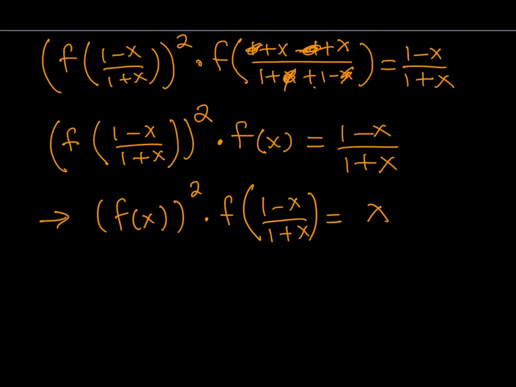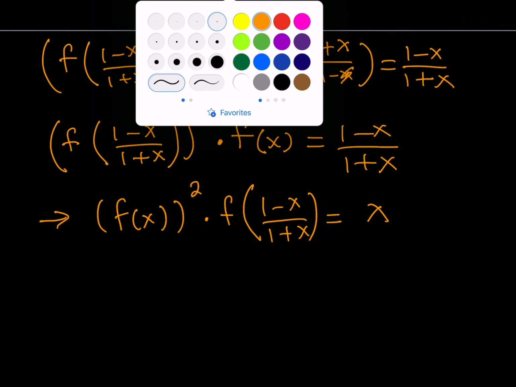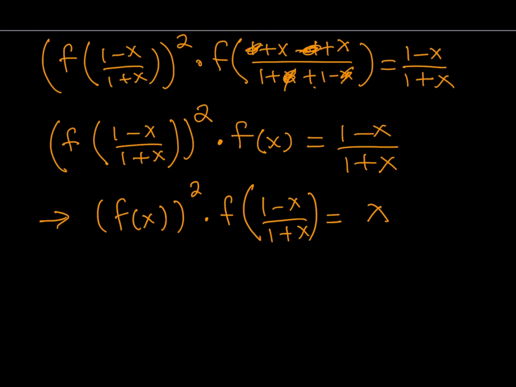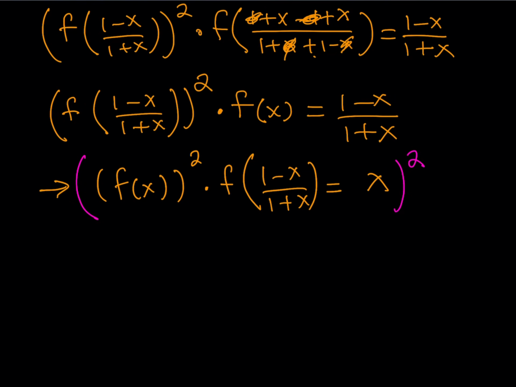I'm going to square both sides of this. Now, here you already have f of x squared, so be careful about that. It's going to become f of x to the 4th power, multiplied by f of 1 minus x over 1 plus x.